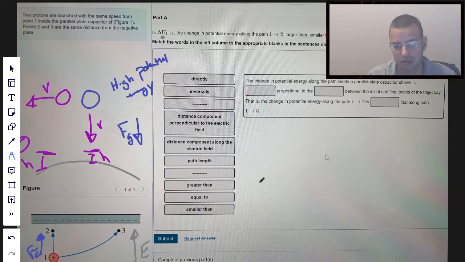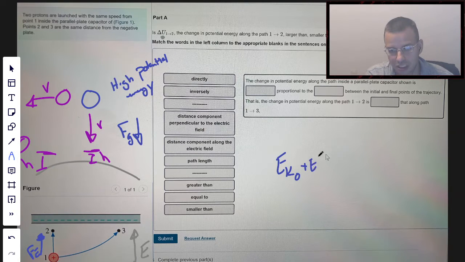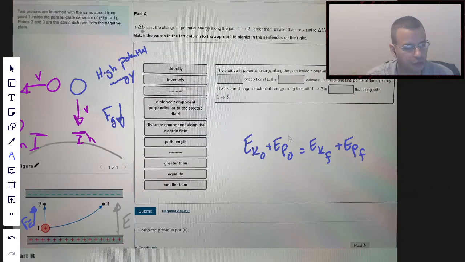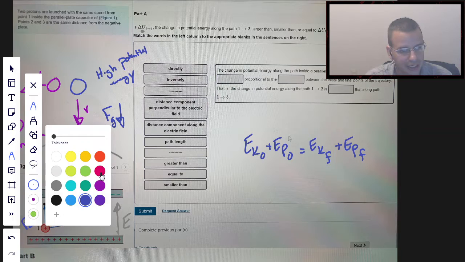And so we go to conservation of energy: kinetic energy initial plus potential energy initial equals kinetic energy final plus potential energy final.